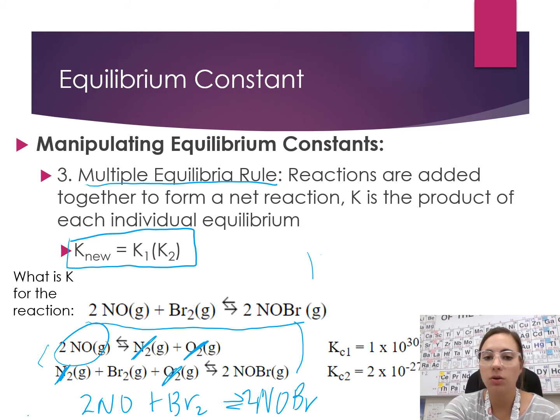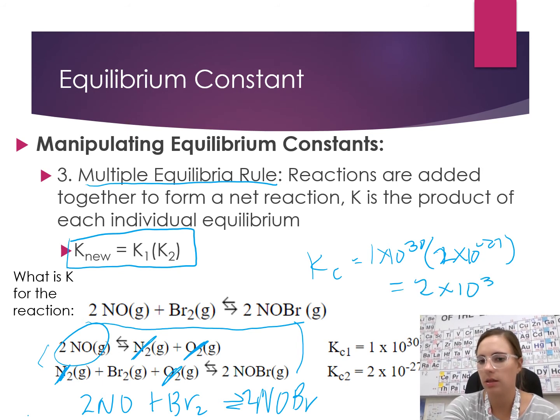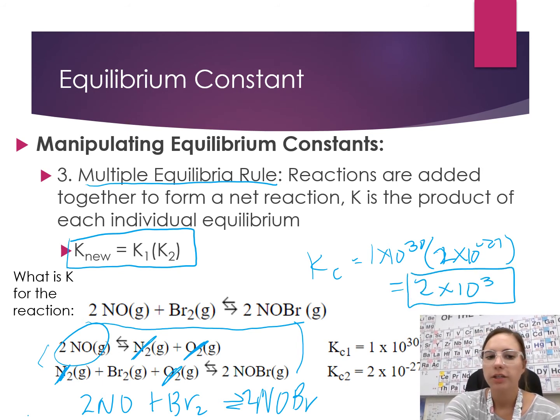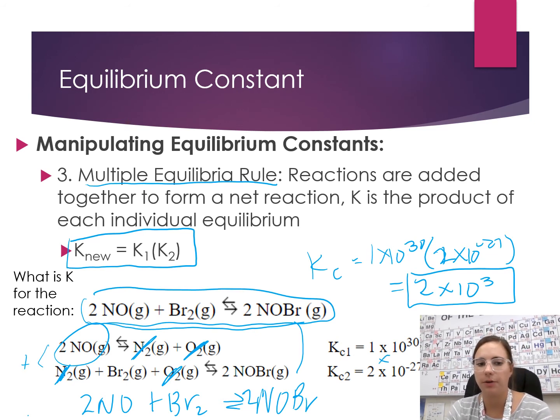So then my new K value is equal to each of the individual K values multiplied together. 2 times 10 to the negative 27 times 2 times 10 to the third. So because this reaction and this reaction added together to make my overall reaction, I multiplied these K values together to get my new K value.